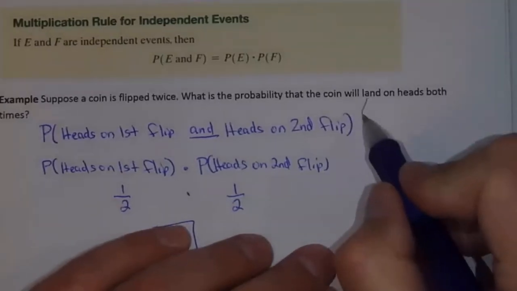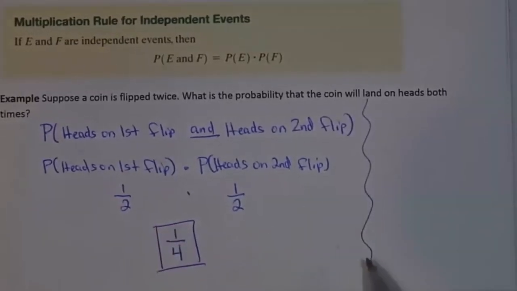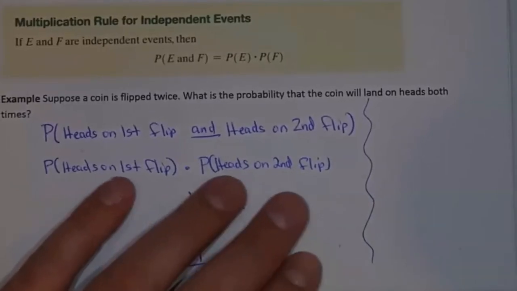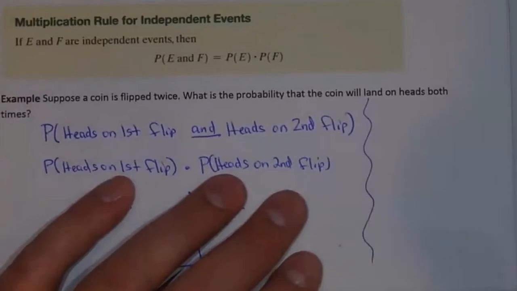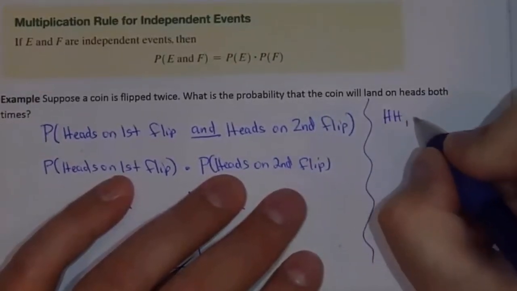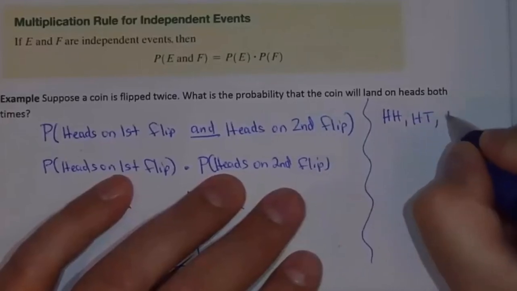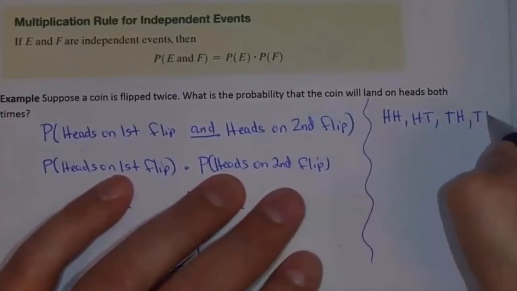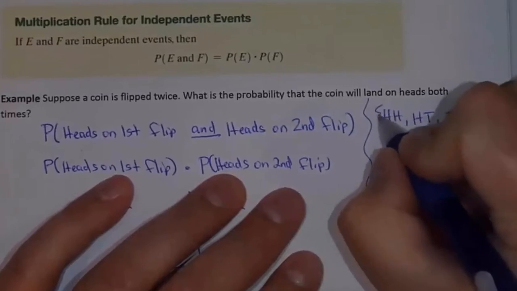Sidebar. Another way that I could figure out this probability would be by listing the sample space. So when I flip a coin 2 times, there are 4 possible outcomes. It could land on heads-heads, heads-tails, tails-heads, or tails-tails. So this is the sample space.